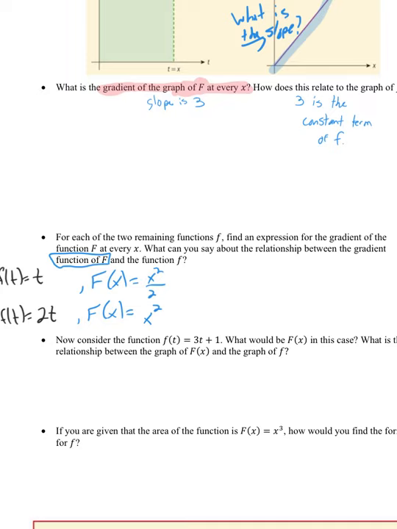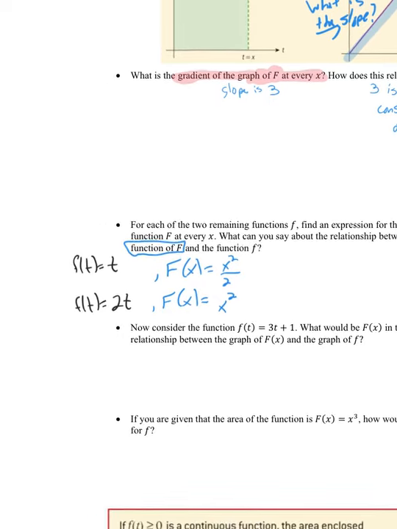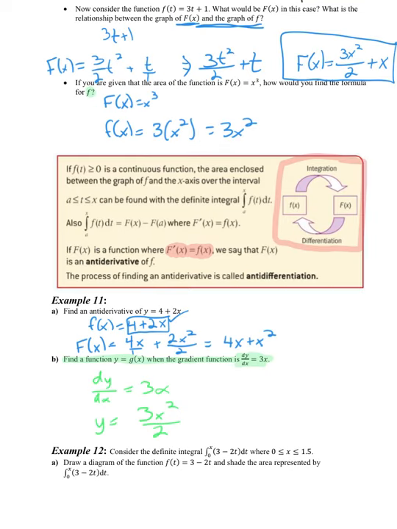But what's the relationship between slope and its corresponding other graph? I don't know the best way to use my words to describe that. Yeah, you might want to graph one like f of x equals x, and then graph F of x equals x squared over 2, and compare them that way. That might be a good way to do it. But just take a minute to look at them.